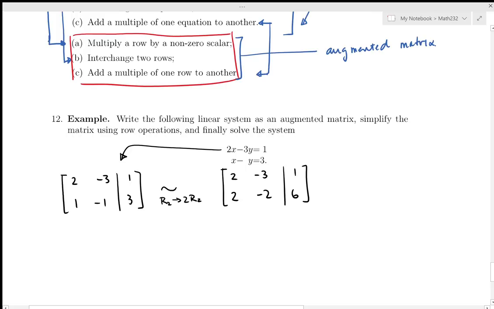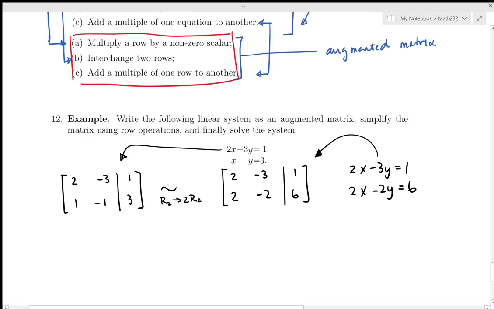6. Okay, what does this look like? Well, let us write what the system of equations is for this. That is going to look like this: 2x minus 3y is equal to 1, and 2x minus 2y is equal to 6. So you can see that this system of equations corresponds to this matrix here.